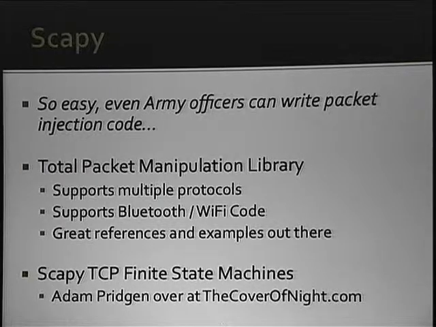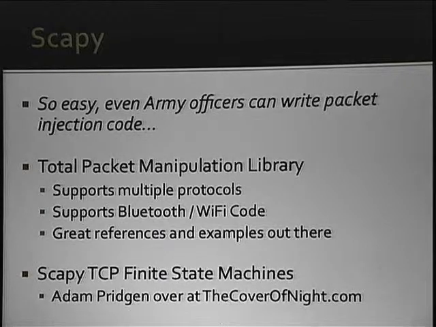So Scapy is great because it supports all of the protocols we want to talk on. So when we want to pretend to be particular HTML traffic on TCP, we can tell Scapy exactly what we want. And it will work on both Bluetooth and Wi-Fi and IP. It will build packets exactly how we tell them to build them at all different layers. And there's a world of great reference out there if you want to write packet injection code, and Scapy's great for it.